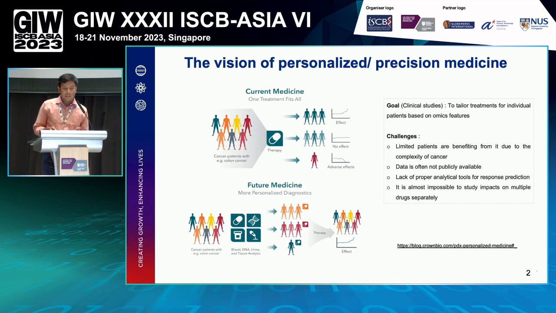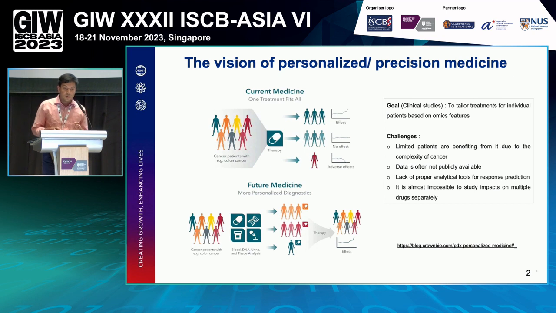So future medicine is working to tailor the treatment on an individual basis, so that before going for treatment, we can decide which patient can be improved or is effective using the traditional, existing drug or not, or which patient can go for further combination therapy.